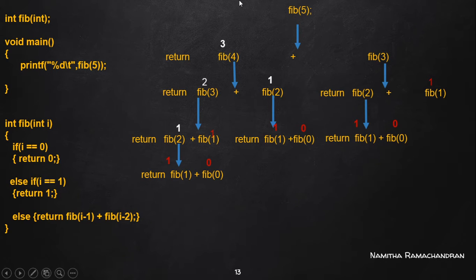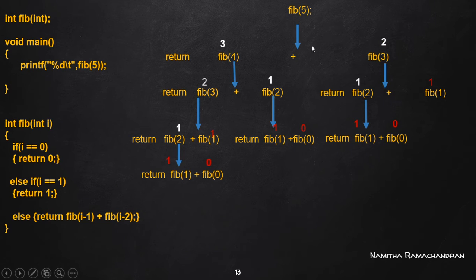Okay. Now in order to get the final value, we need to get this value, right? So calculate the next numbers. Okay, so this 1 plus 0 is returned to the location from where it is called, that is this position, and this one is added with this one, and here it returns value 2.